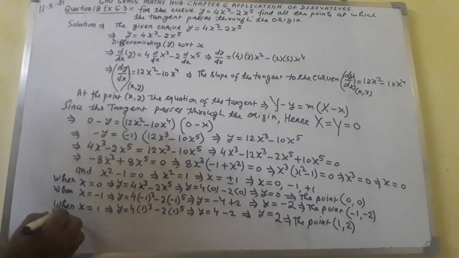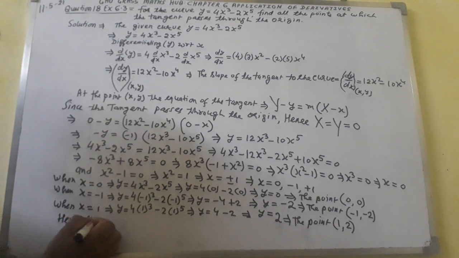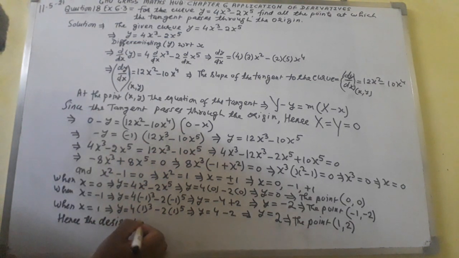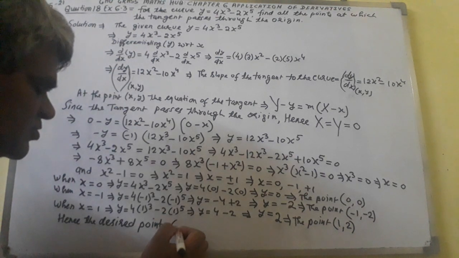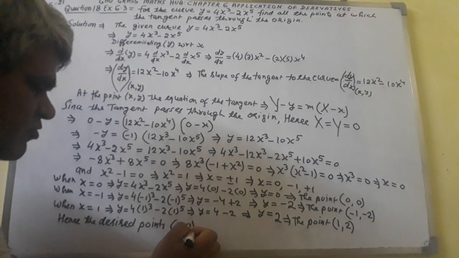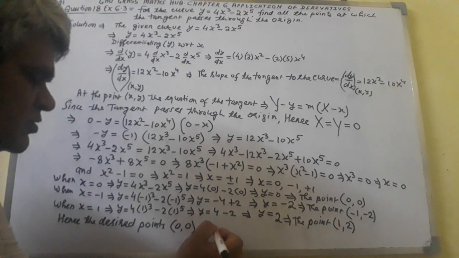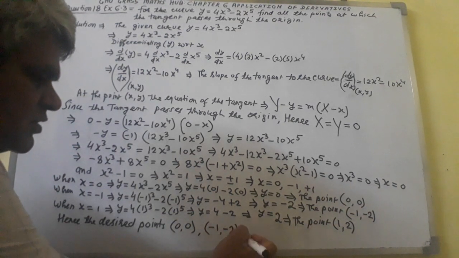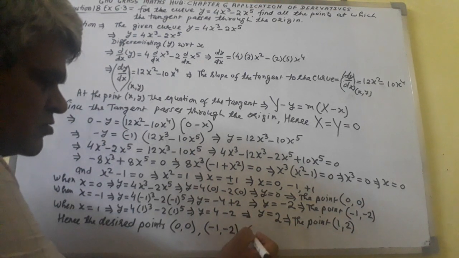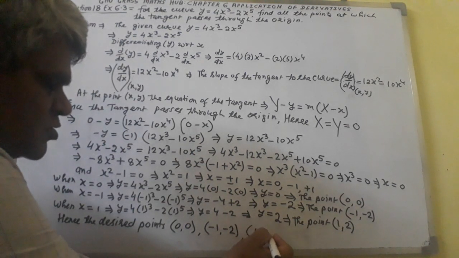Here I shall write, hence the desired points we have got 0 comma 0, minus 1 comma minus 2, 1 comma 2.